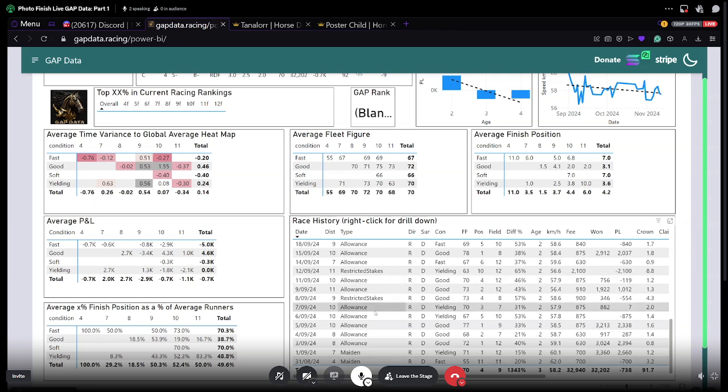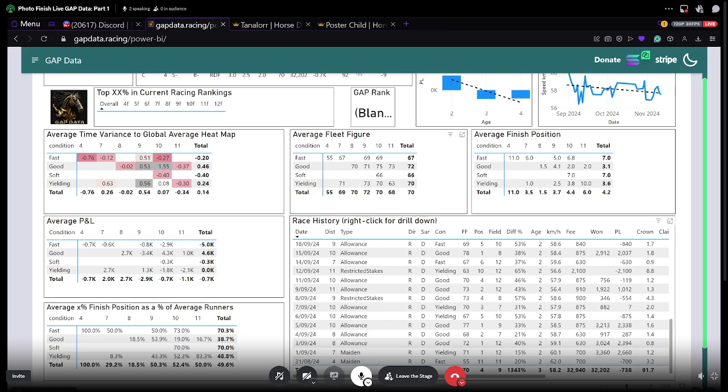A lot of these stats, like the fleet figure, I've told you before, you'll get a higher fleet figure for the same distance when you run a claimer versus a restricted stakes, right? Sometimes you get a really high fleet figure and it was a yielding race. The highest ones you'll get is if you run a yielding claimer, you'll get a super high fleet figure.